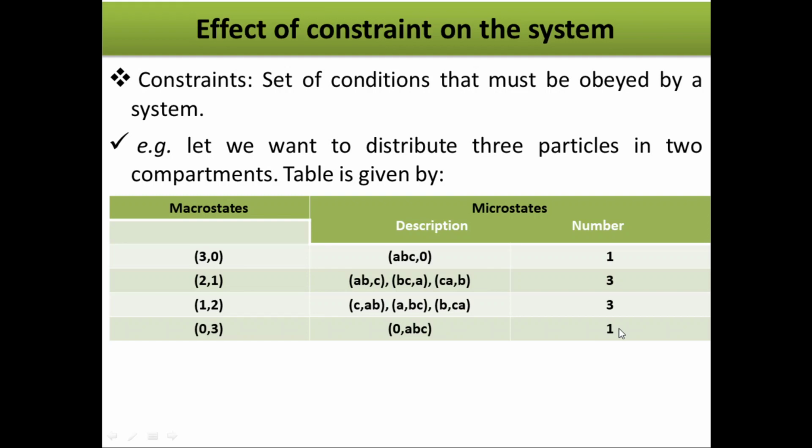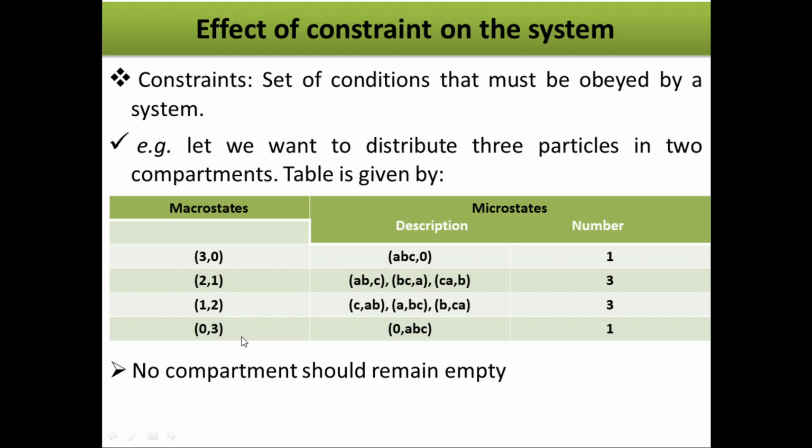Now what is the effect of constraint? Let us see. We put a constraint that no compartment should remain empty. Then in the macrostate 3, 0 the second compartment is empty, and in the macrostate 0, 3 the first compartment is empty. So with this constraint, the macrostates 3, 0 and 0, 3 cannot exist.